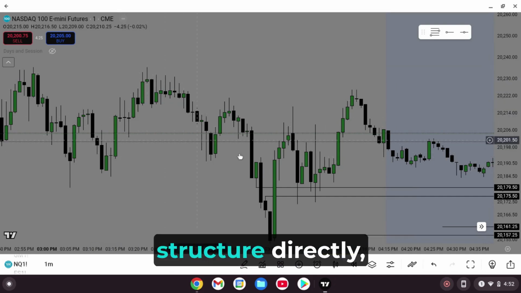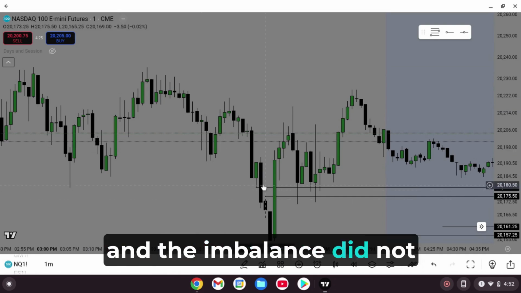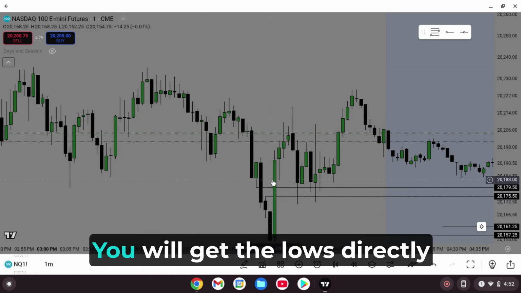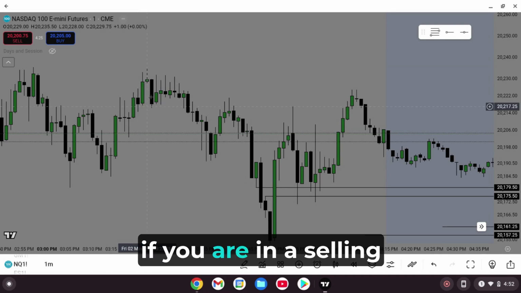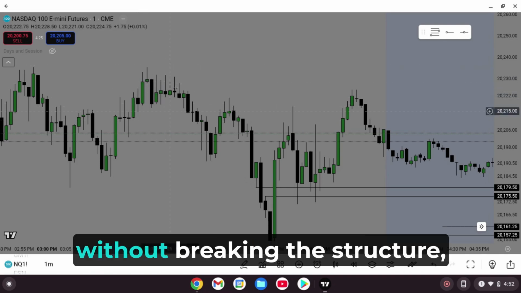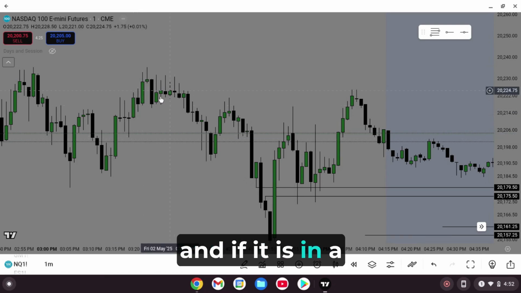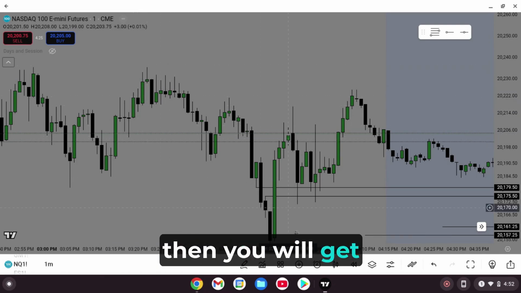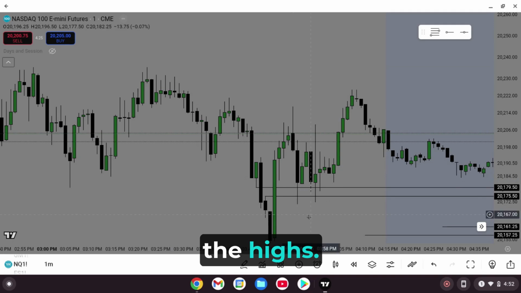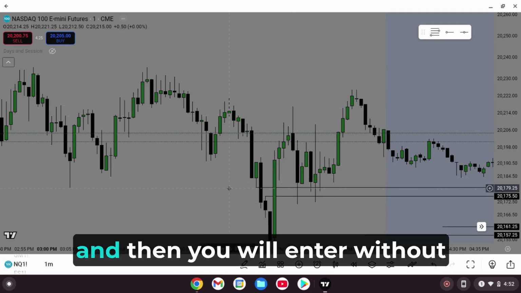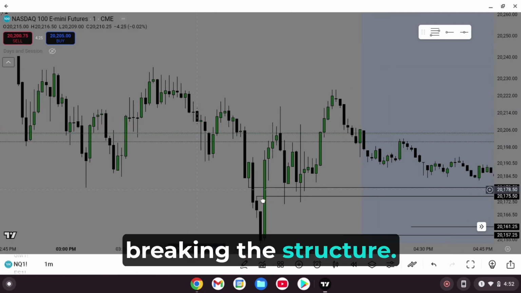You got the break of structure directly, and the imbalance did not cover the imbalance. You will get the lows directly if you are in a selling position without breaking the structure. You can get an entry there, and if it is a buying position, then you will get the highs. After two highs, you will enter without breaking the structure.